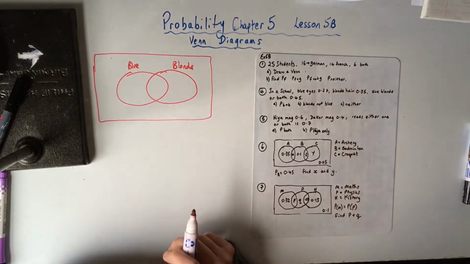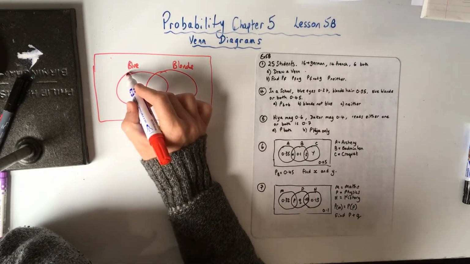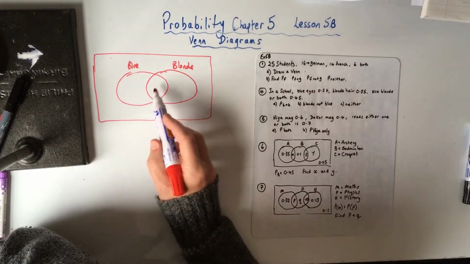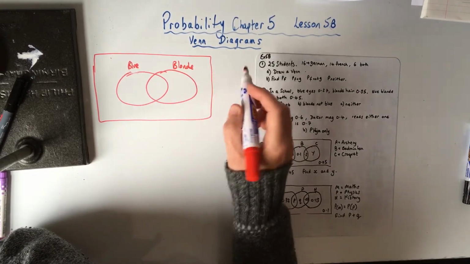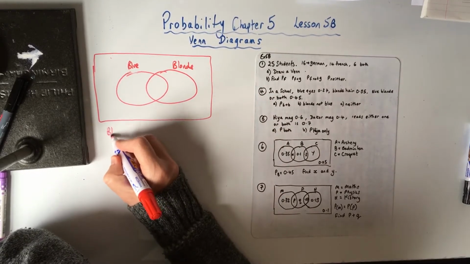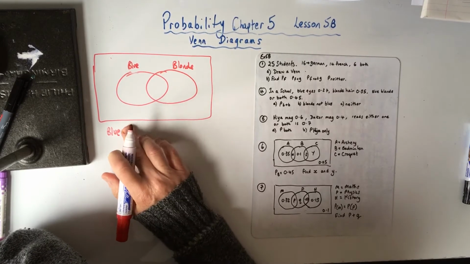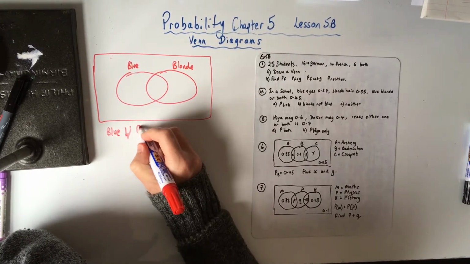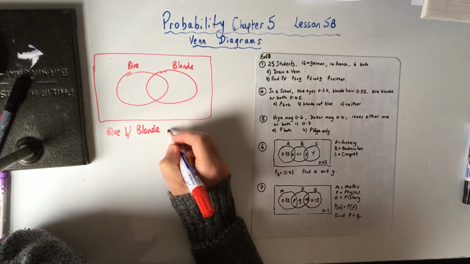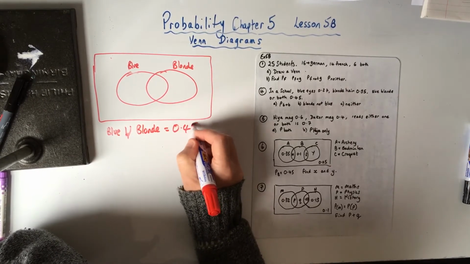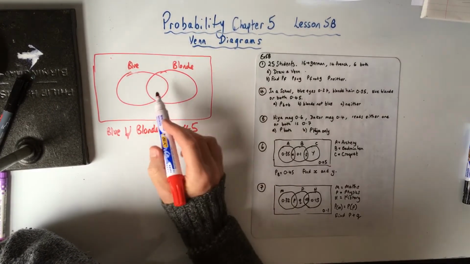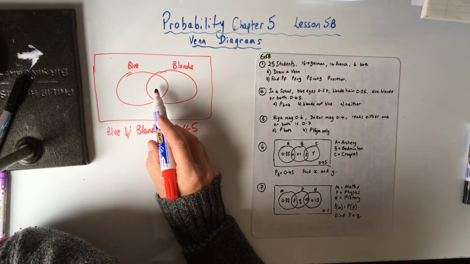Okay, so this is the little trick here that works with a lot of them. So blue, blonde or both is 0.45. So that is blue union with blonde, that's what we were talking about before, is 0.45. That's everything in here. And we don't know that middle bit, we don't know the overlap.